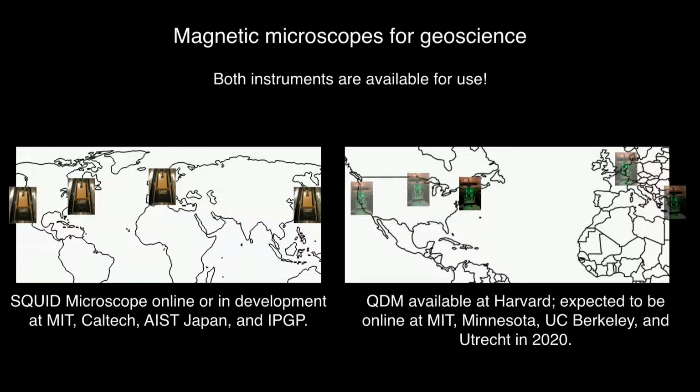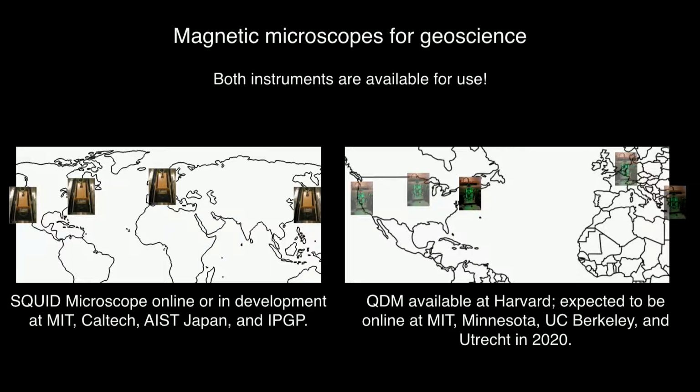But the good news is, if you don't want to build your own instrument, both of these instruments are actually available to some extent. There's a number of SQUID microscopes in the world that are running, and there's one in France that's kind of coming online soon. The QDM is a newer technology, so it hasn't really spread that many places.